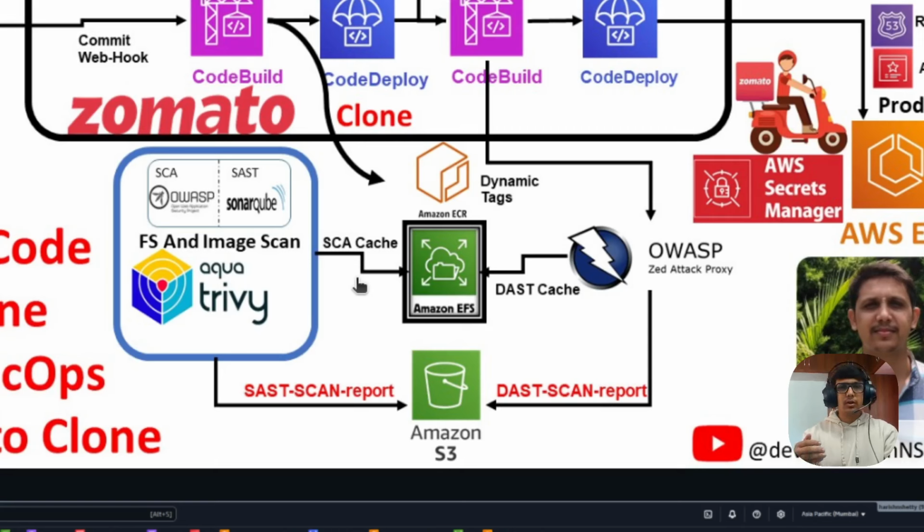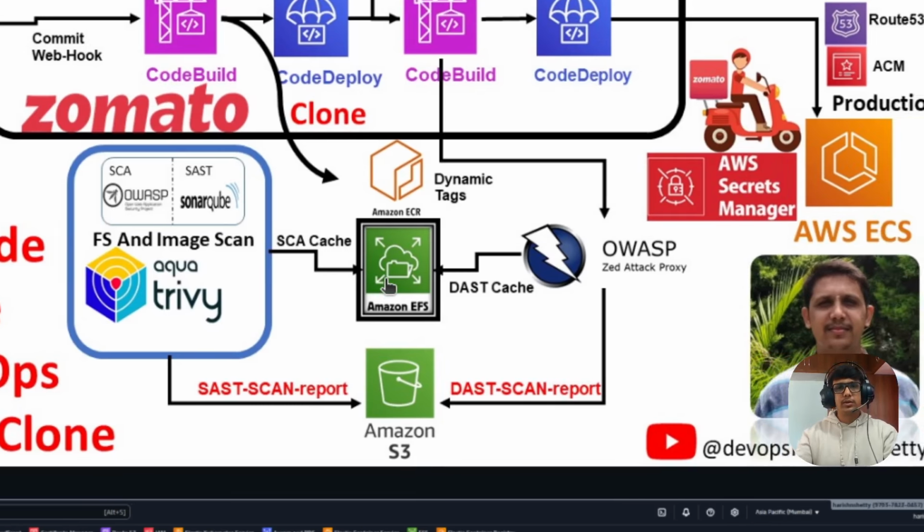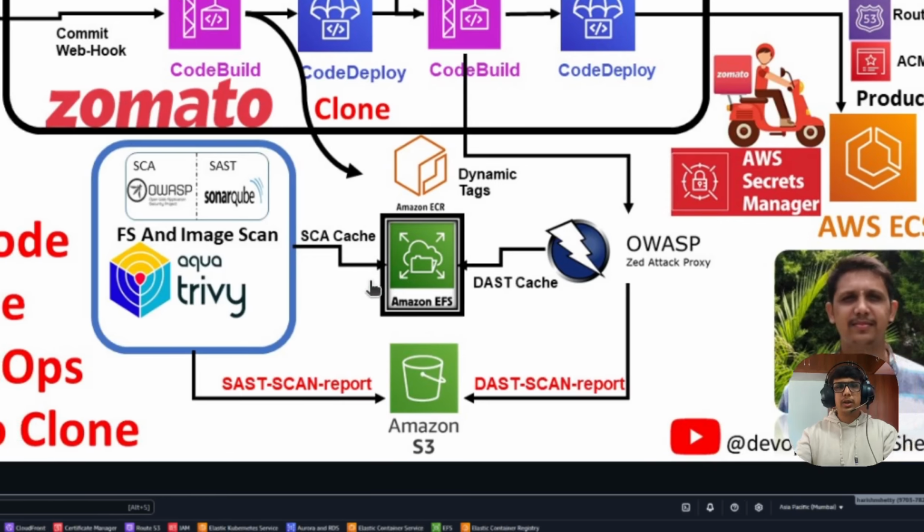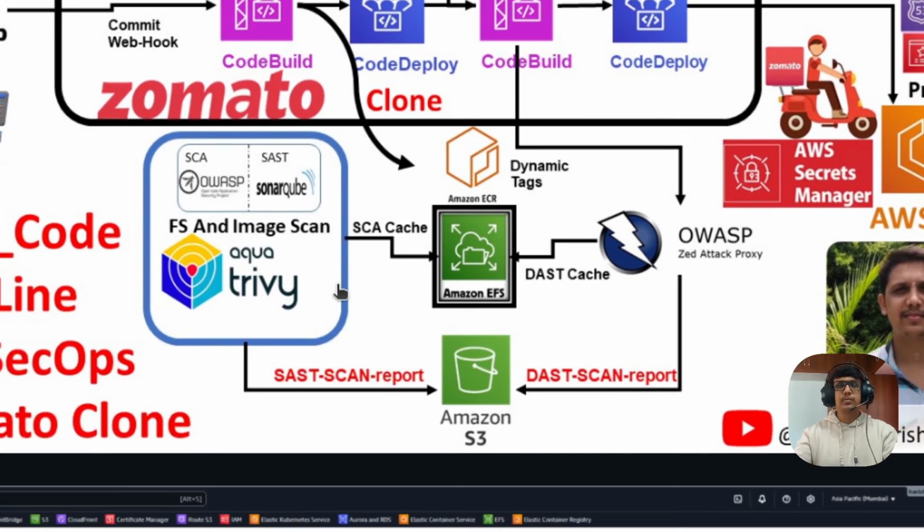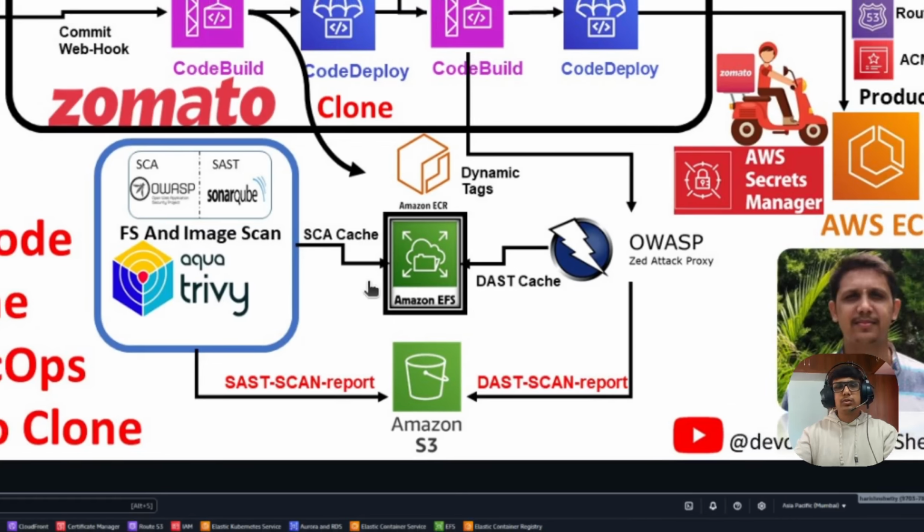To minimize the download duration, I am going to store that cache in Amazon EFS, and I'm also going to store the Trivy software, so we don't have to download it again and again. It is stored one time and used regularly.